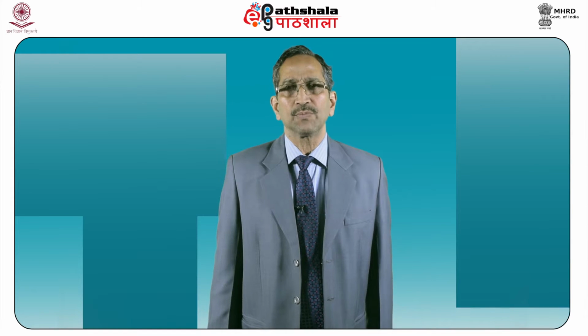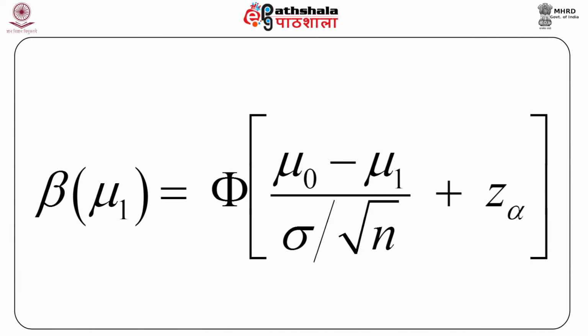In the upper tail test, the null hypothesis is that mu is equal to mu 0 versus the alternative hypothesis that mu is equal to mu 1, where mu 1 is greater than mu 0, and beta of mu 1 is equal to phi of (mu 0 minus mu 1) upon sigma by root n plus z alpha.